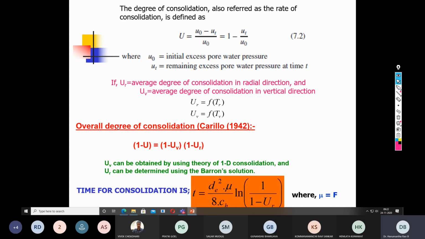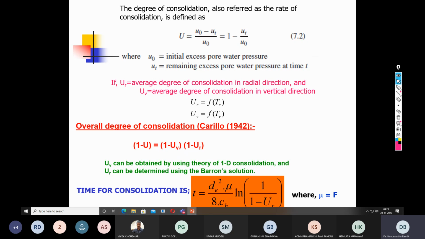The overall degree of consolidation is calculated by relating both: 1 minus U is equal to 1 minus UV into 1 minus UR. So U is the overall degree of consolidation, UV is the vertical degree of consolidation, and UR is with respect to radial consolidation.